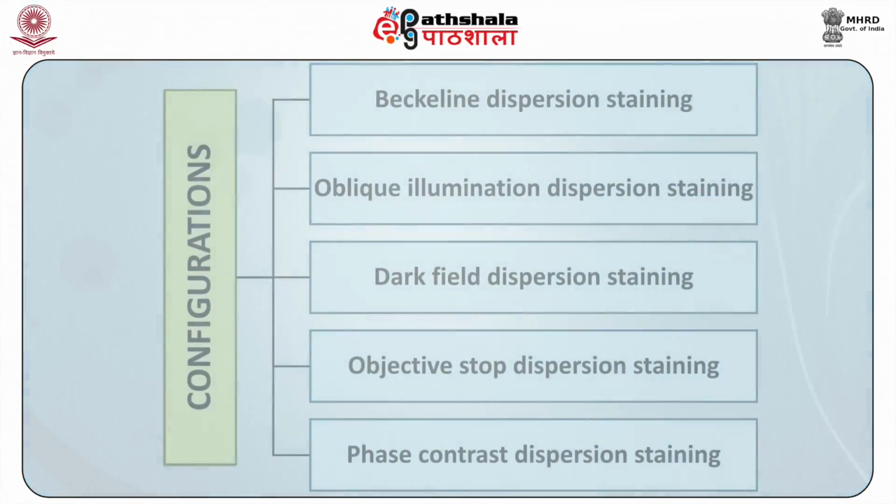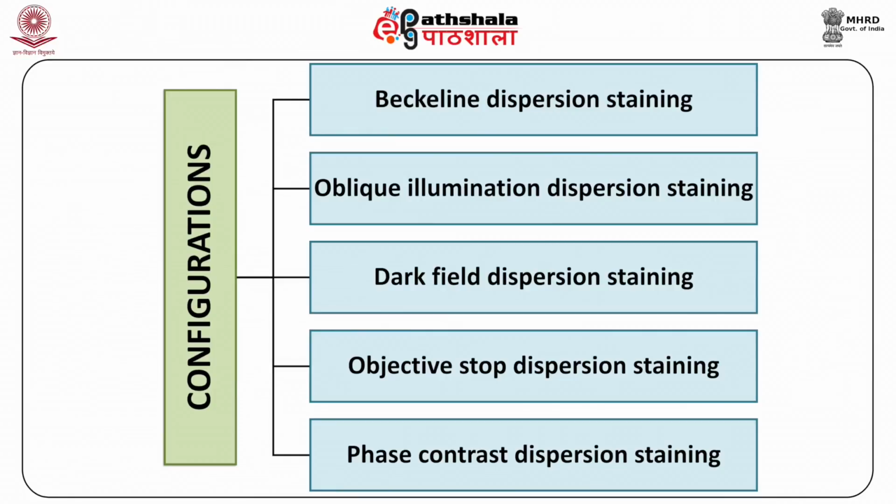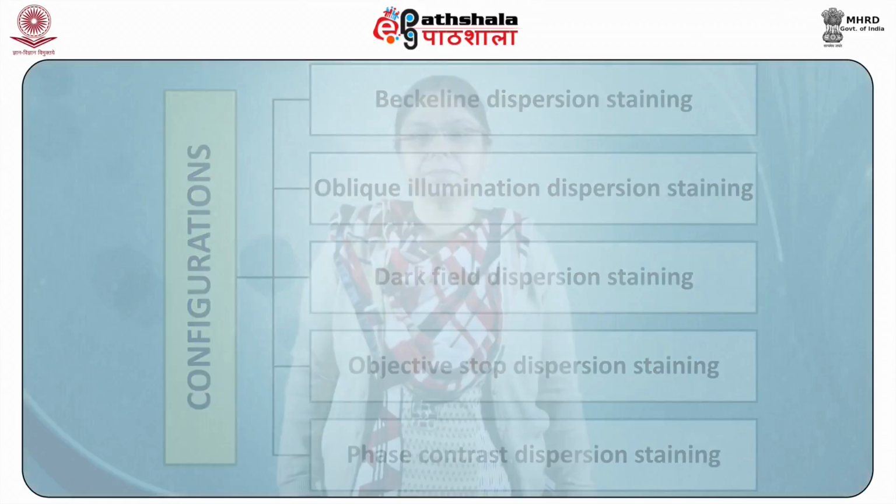Now, there are 5 types of dispersion staining techniques, or in other words, there are 5 different optical configurations for the microscope which is used for the dispersion staining method. These configurations are as follows: backline dispersion staining, oblique illumination dispersion staining, dark field dispersion staining, objective stop dispersion staining, and phase contrast dispersion staining.